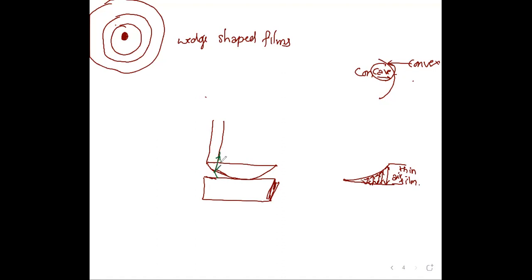Let me draw it in another part. At this edge also it will undergo reflection. These two rays undergo, I'm sorry, it is very difficult to draw a plot here.